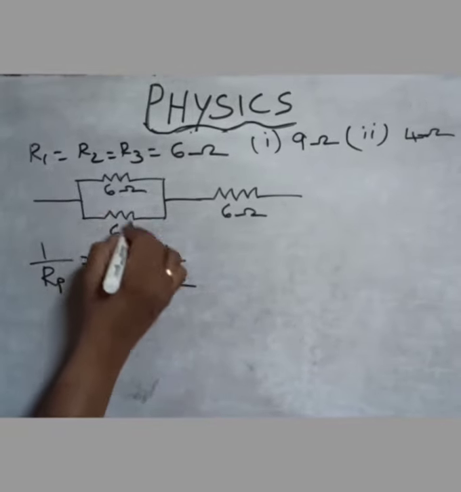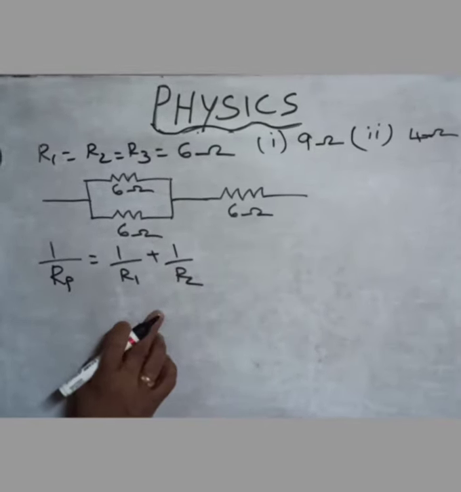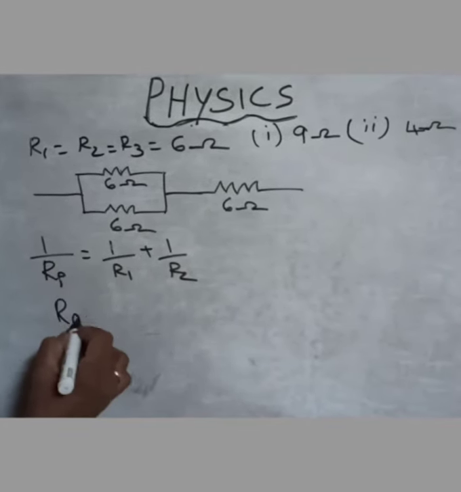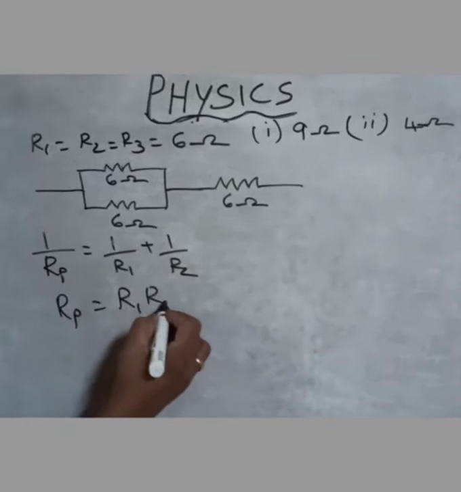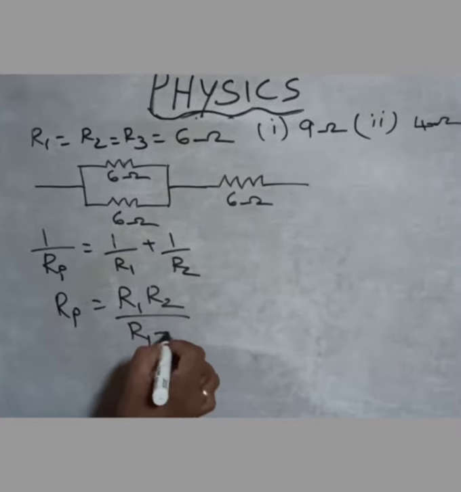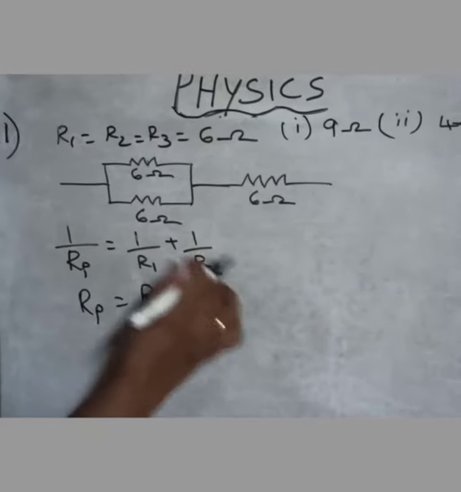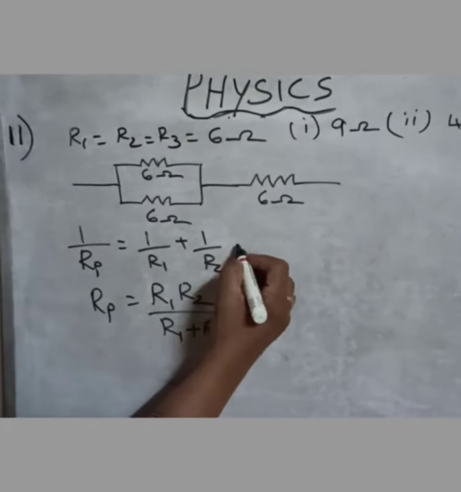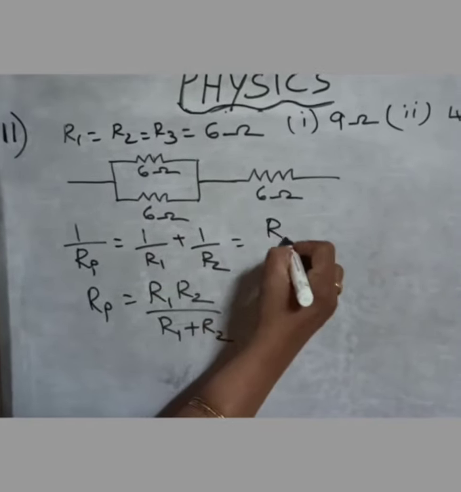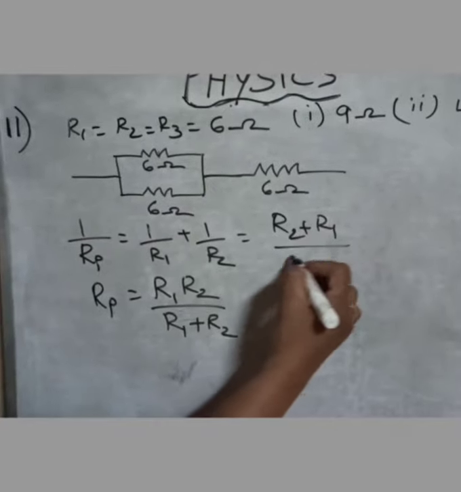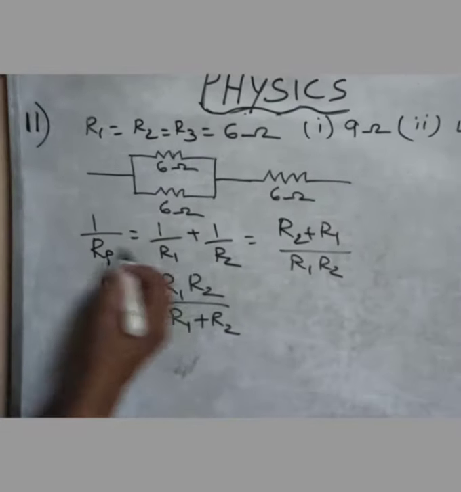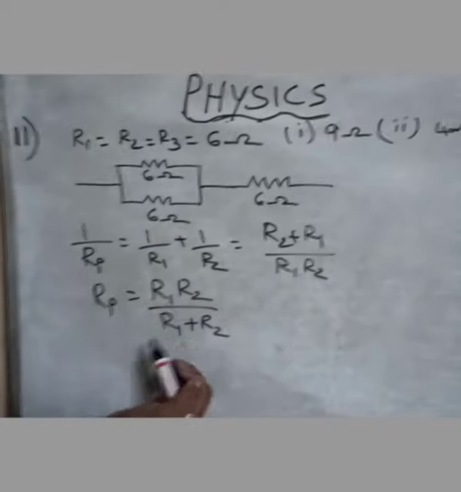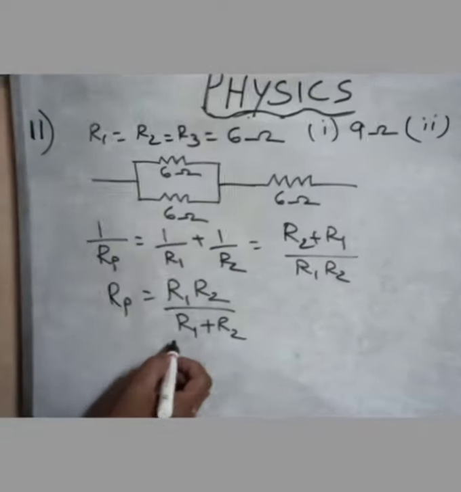You can cross multiply and write the formula as Rp equal to R1 R2 by R1 plus R2. Cross multiplying, R2 plus R1 divided by R1 R2 will come. 1 by Rp is this. Rp is just the reciprocal. For two resistors only you have to take it, okay?